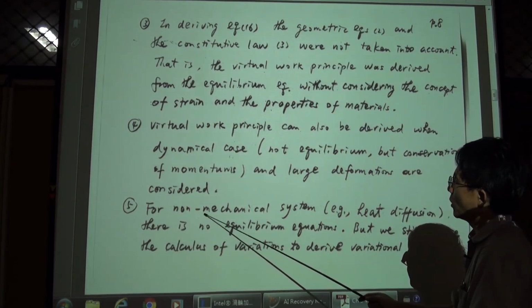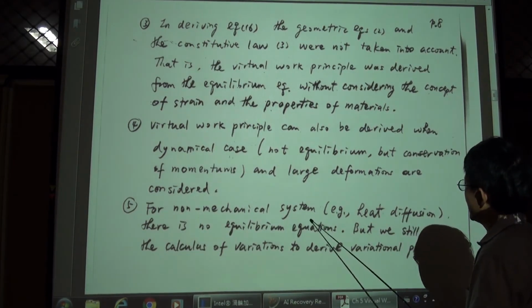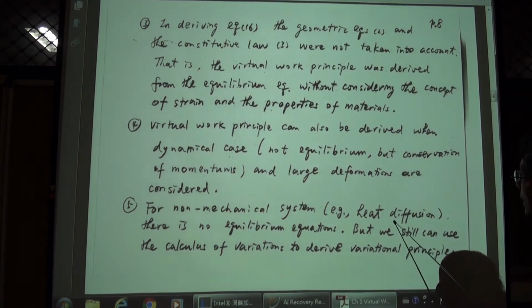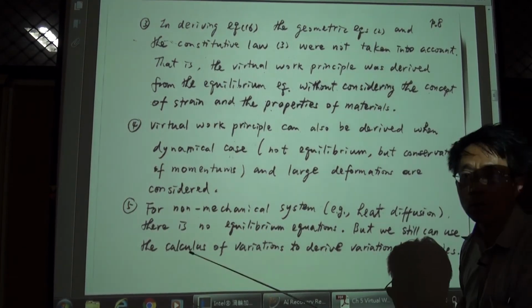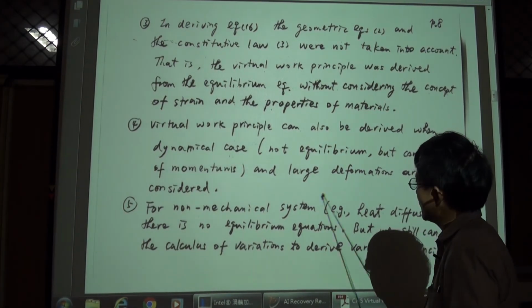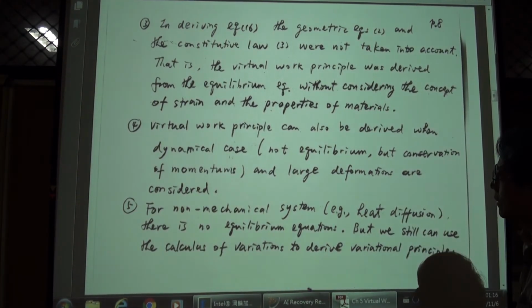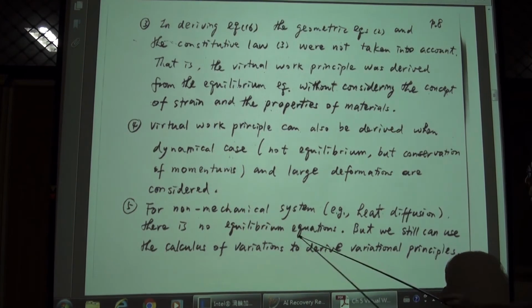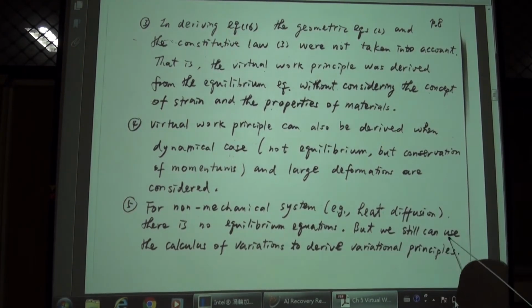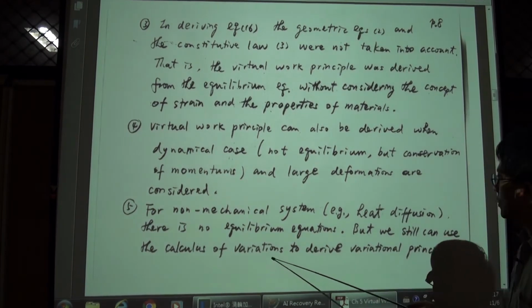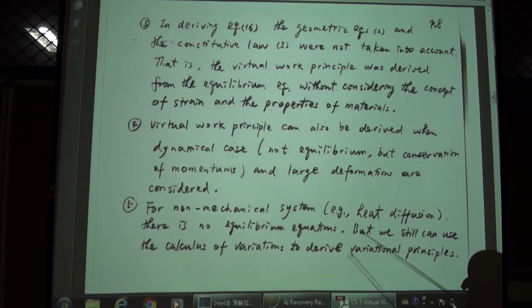The fifth point is for non-mechanical systems, for example heat diffusion. There is no classical mechanics here for heat diffusion, so there is no equilibrium equation. We don't have an equilibrium equation, but we still can use the calculus of variation to derive a variational principle.